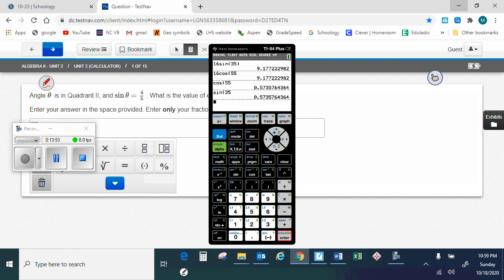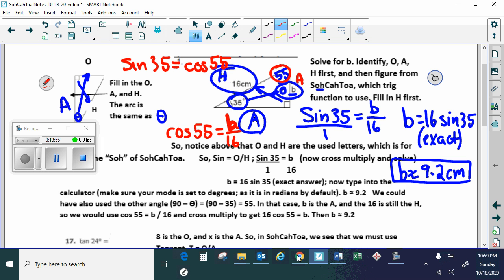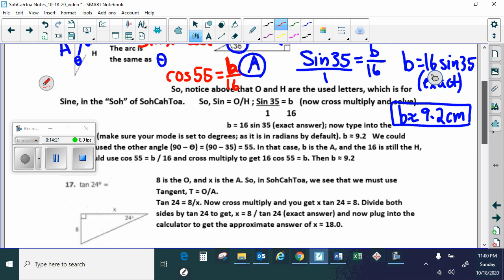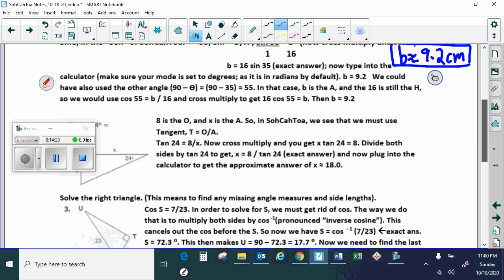And that goes along with what we're saying. They're both complementary angles. So 35 and 55 add to 90. So the sine of x equals the cosine of 90 minus x. That's the complement. The sine of one equals the cosine of the complement of the other, which is what I have down here.